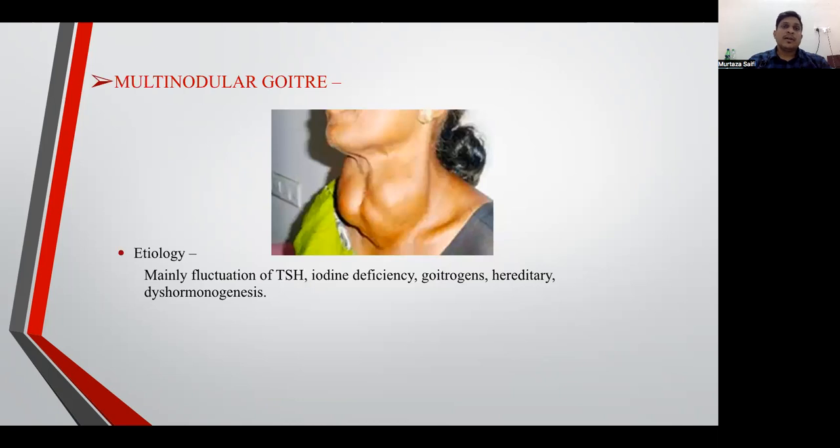Now there is multinodular goiter. Etiology mainly fluctuation of thyroid stimulating hormone, iodine deficiency, goitrogens, which give rise to multinodular goiter, hereditary, and dyshormonogenesis.